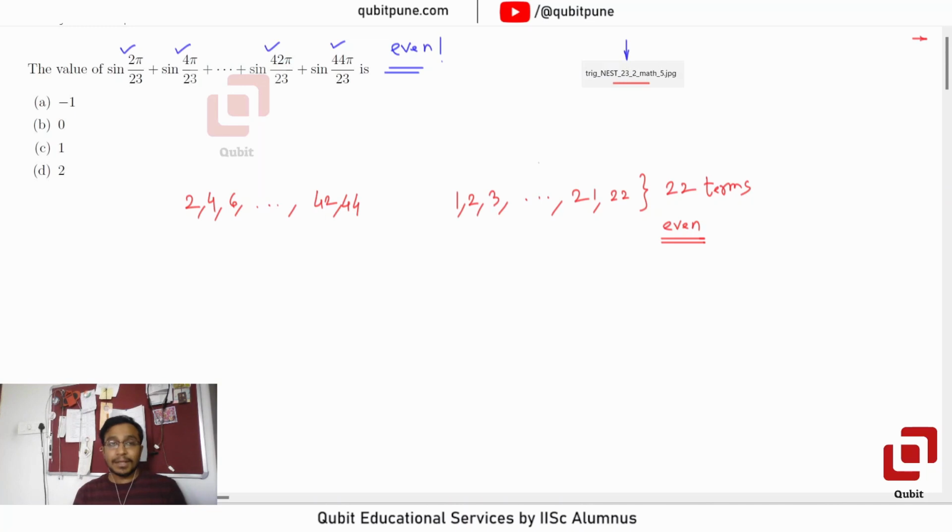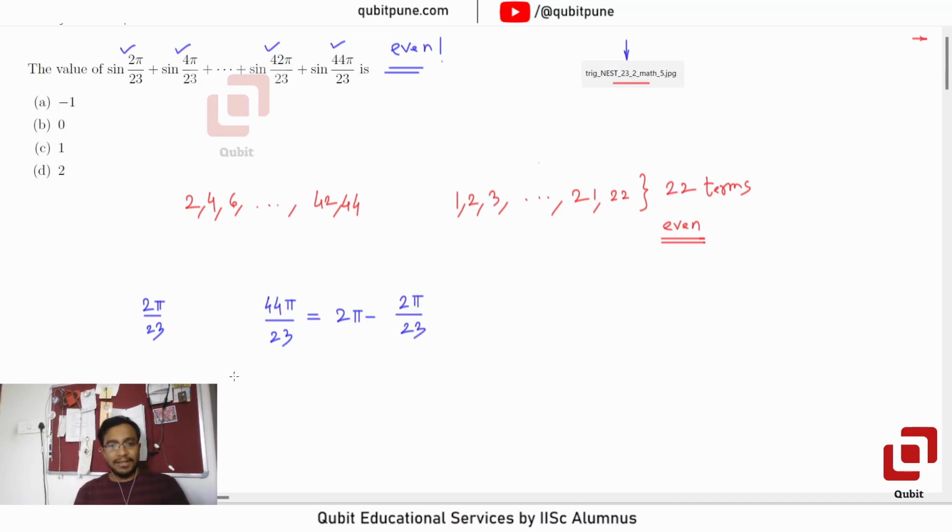Also observe that if we connect 2π/23 and 44π/23, then 44π/23 happens to be 2π minus 2π/23, isn't it?